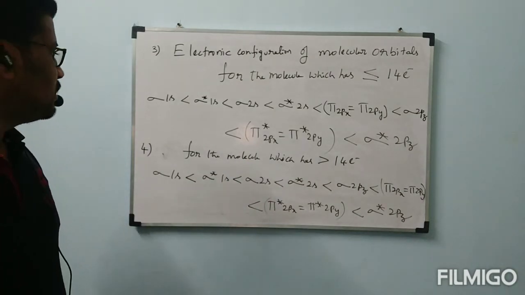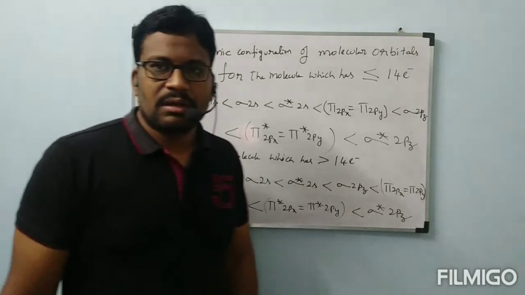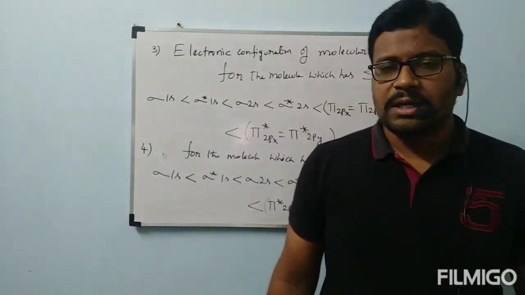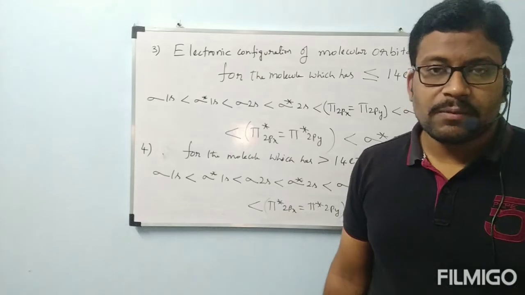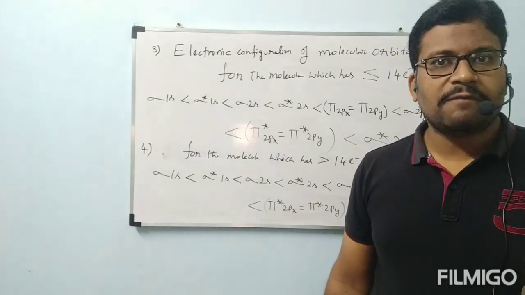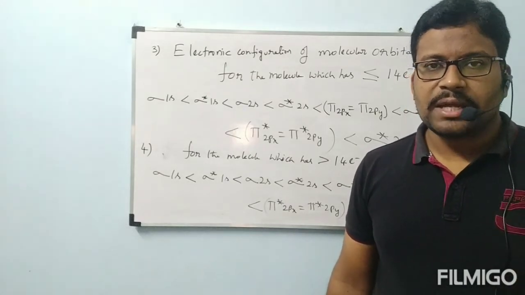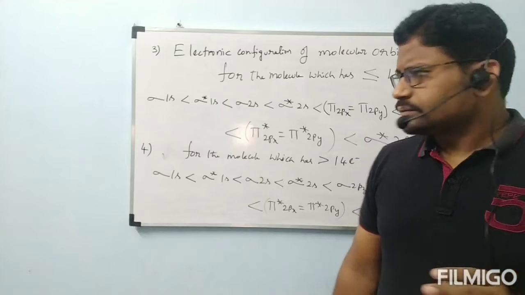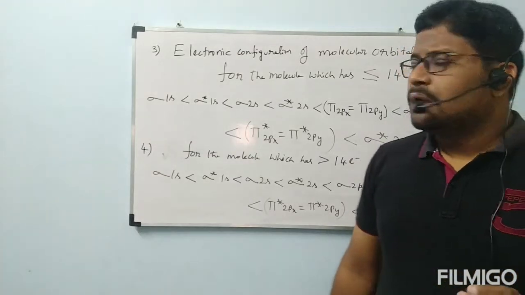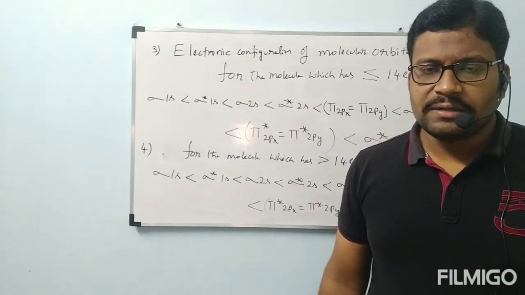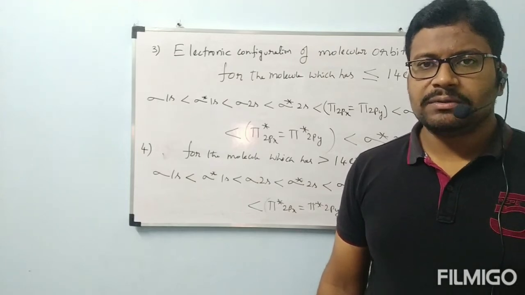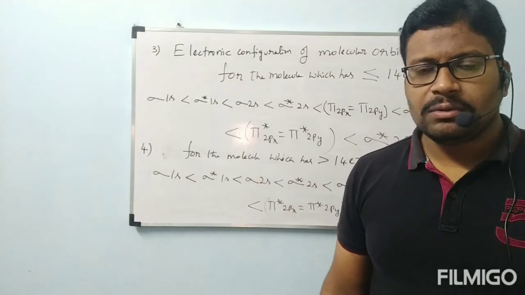Okay everyone, I told you total 4 points. First point, molecular orbitals electronic configuration. Configuration of electrons into molecular orbitals will follow Aufbau rule and Hund's rule. Second point, stability of the molecules will be explained depending on bond order values. Bond order is equal to Nb minus Na by 2.